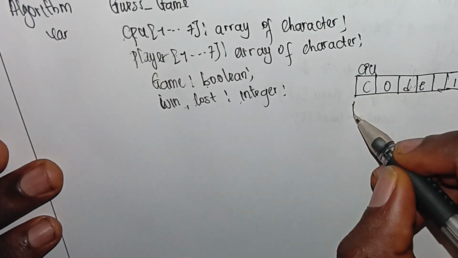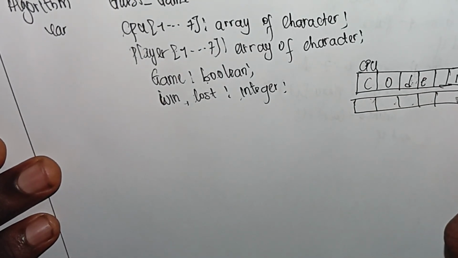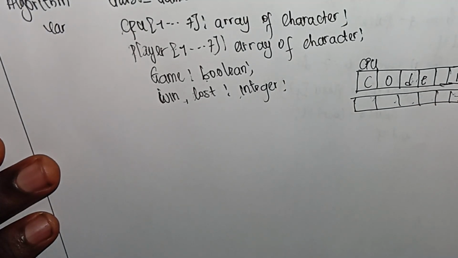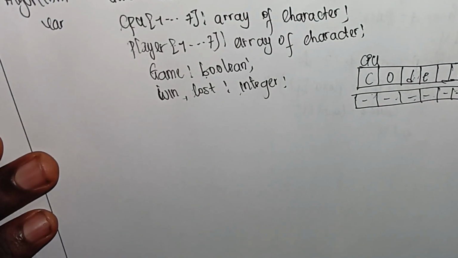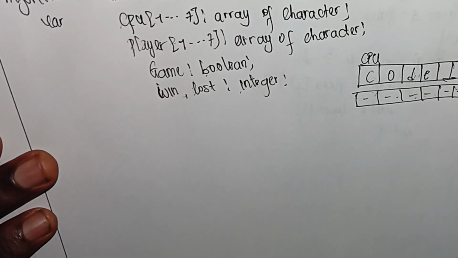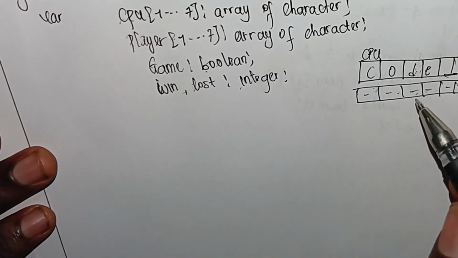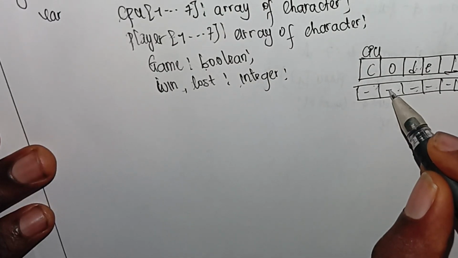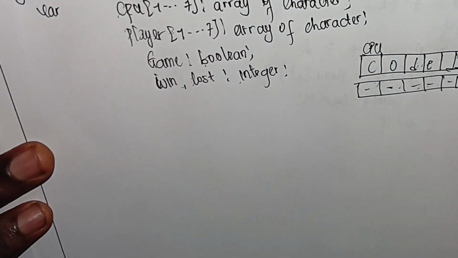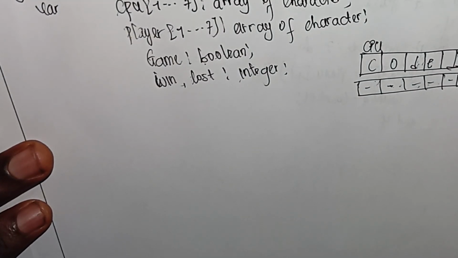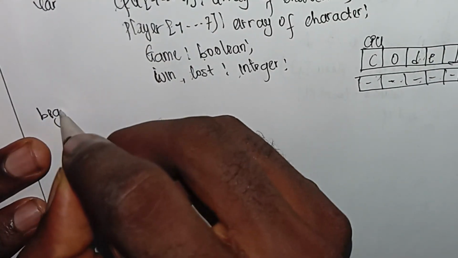Now the user or the player's array has the exact same size, but the difference is that his array is empty, or it is filled with dashes, and each time the user enters a character, be it wrong or right, we are going to display this array. But if this character is right, it's going to be stored in whatsoever index, but if it is not, then it's not going to be stored in that index. So the first thing we want the user to do is tell us the index, and then he later on tells us the characters. So let's go ahead.